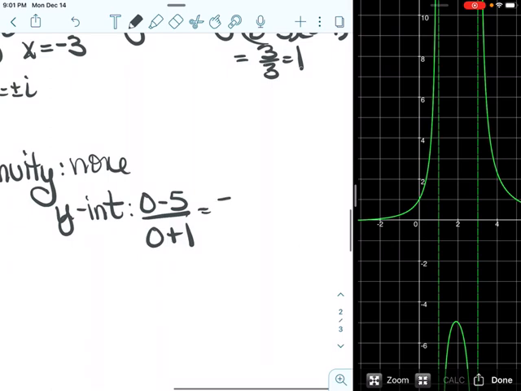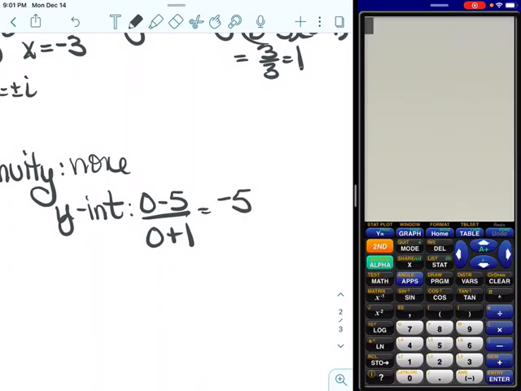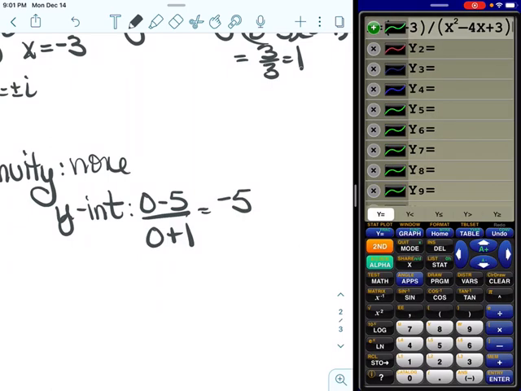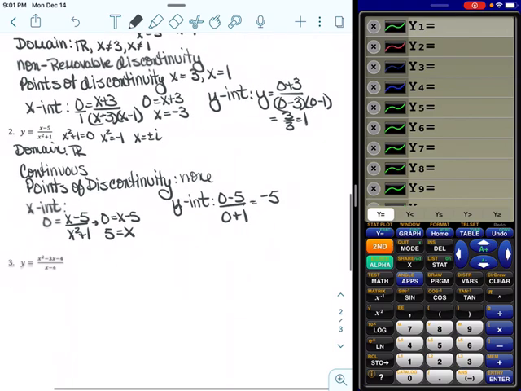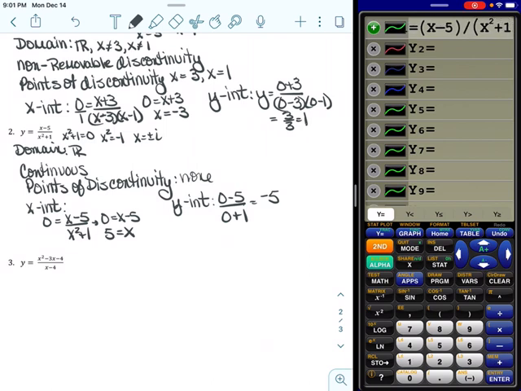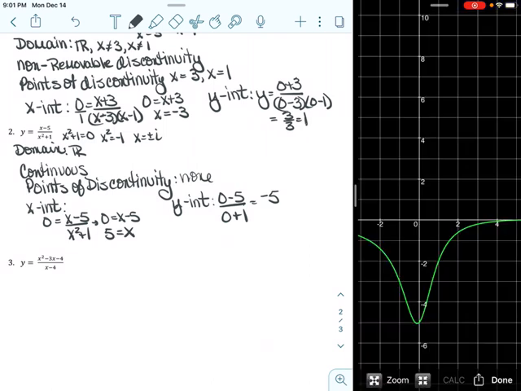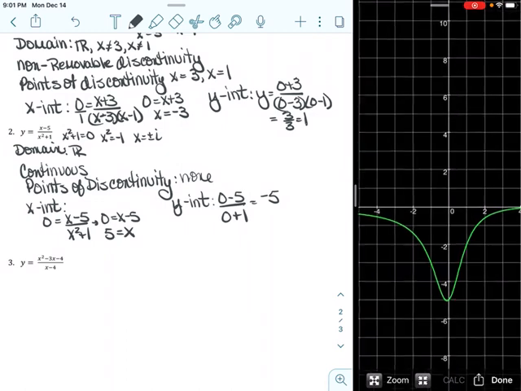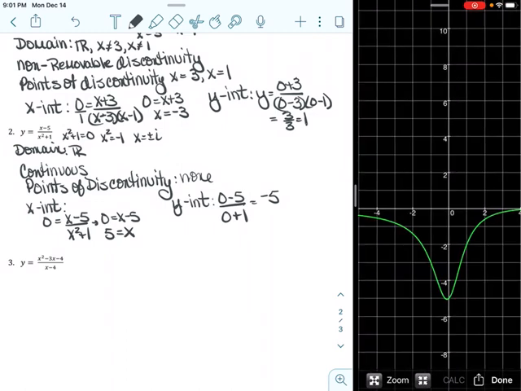So I'm going to get negative 5 here. And again, let's check that out in our graph. Okay. So x minus 5 divided by x squared plus 1. Okay, yes, and you can see it is continuous through that part.